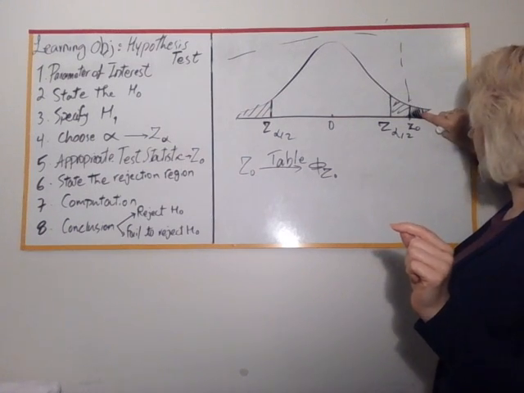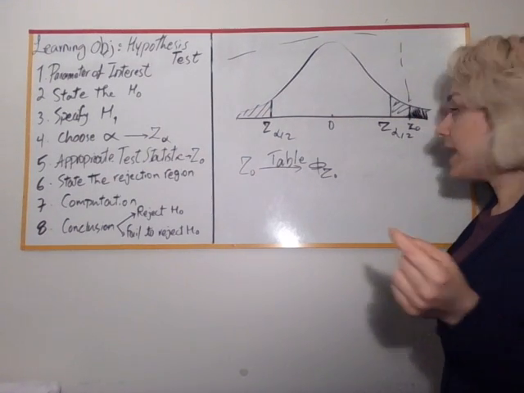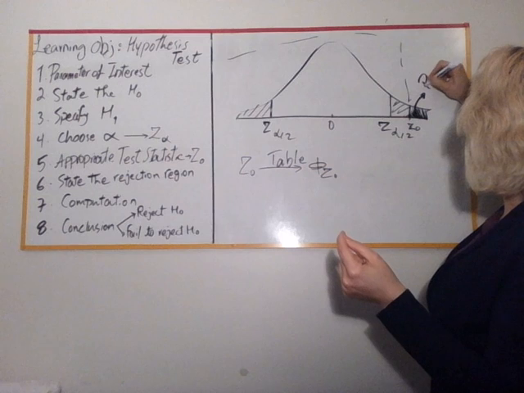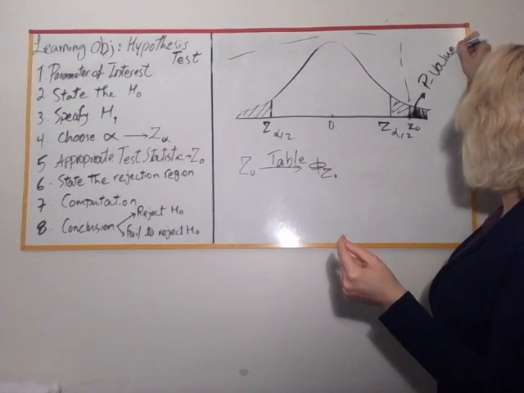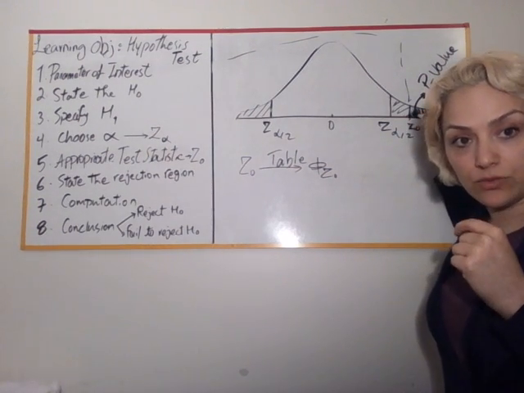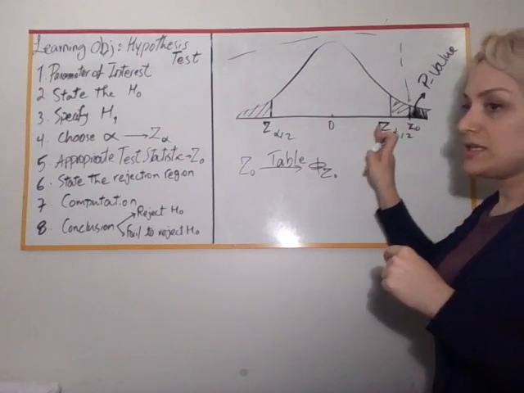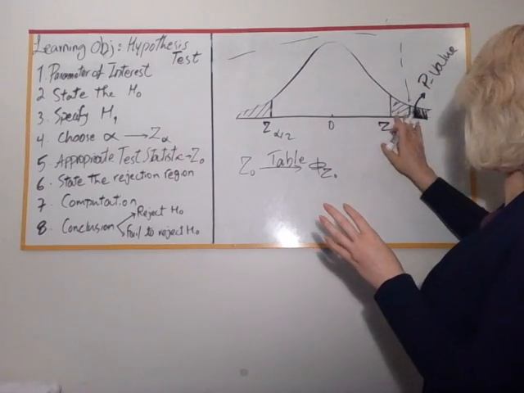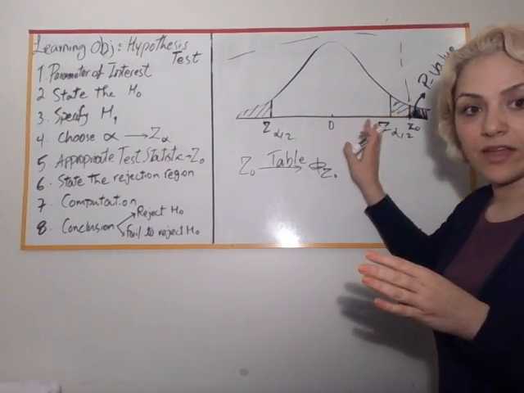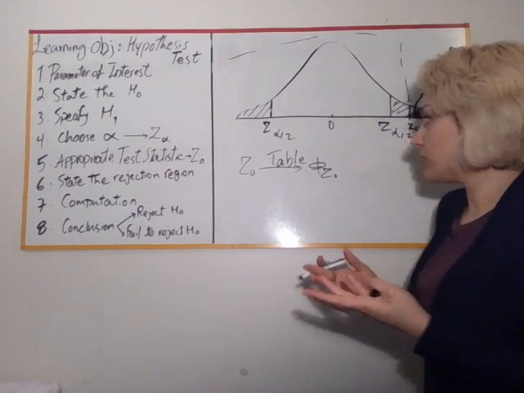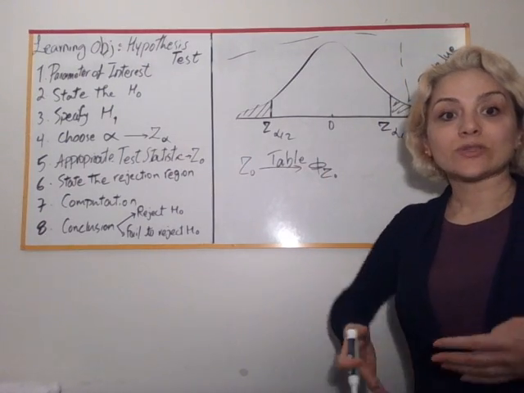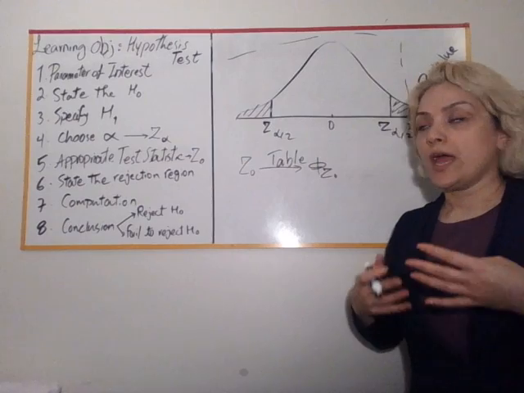If we call it the p-value, then this value is going to be the p-value. If my p-value is less than this amount, the half of the alpha that I have here, then I can say that I'm in the rejection region. So this is another approach.